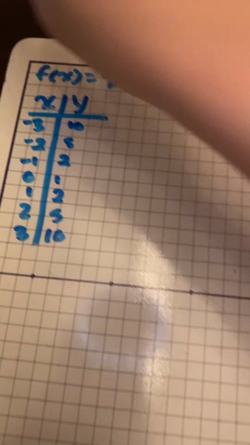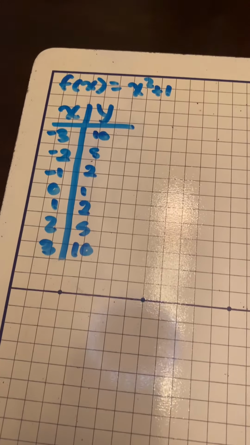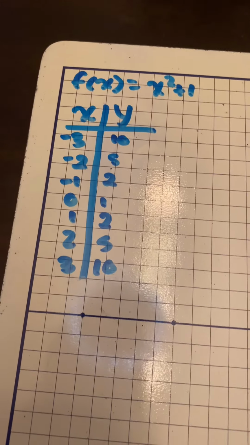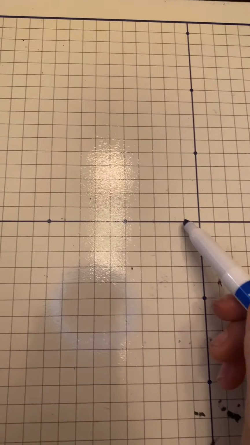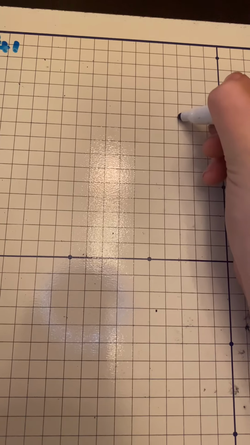So I start by graphing x squared plus 1. So let's follow the -3. So it's 1, 2, 3, all the way up to 10.